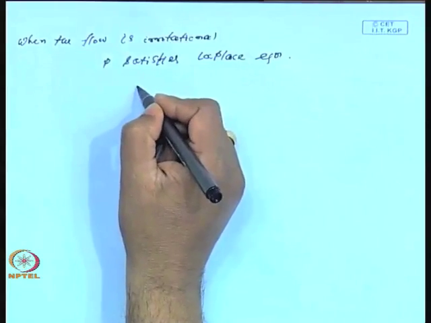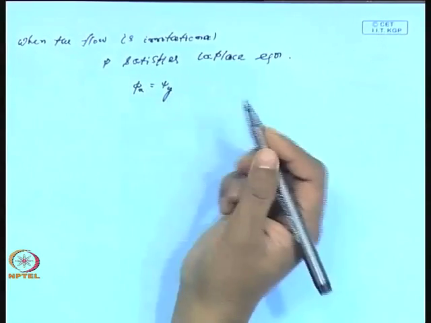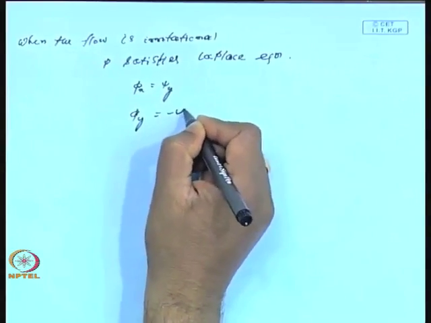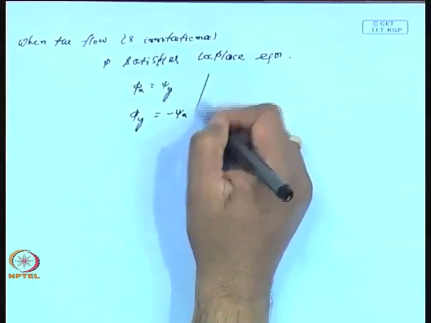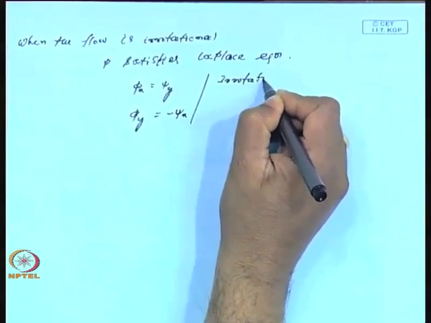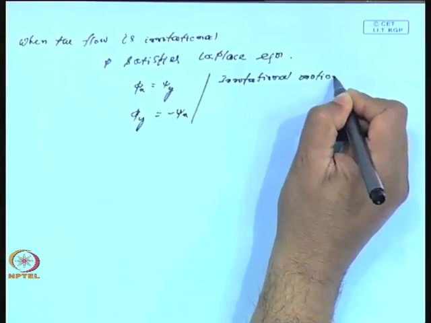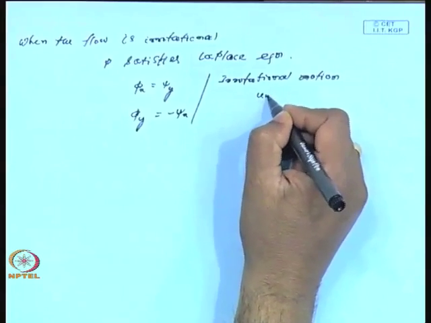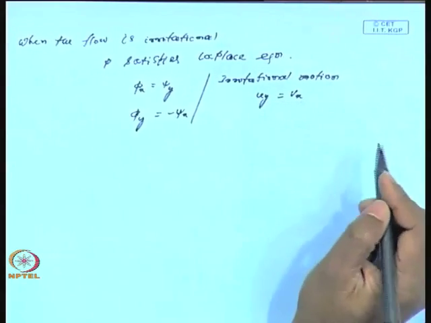We know that phi x is equal to psi y. Further, we know that phi y is minus psi x. Now for an irrotational motion, for two dimensional flow, we have u y is equal to v x.